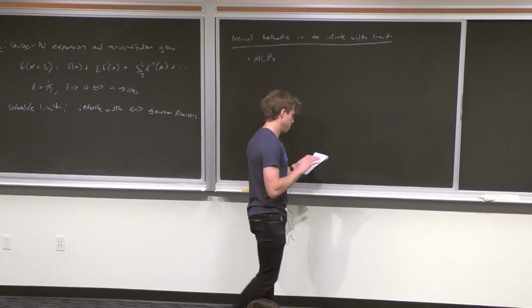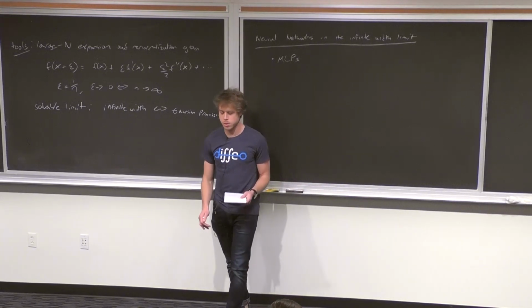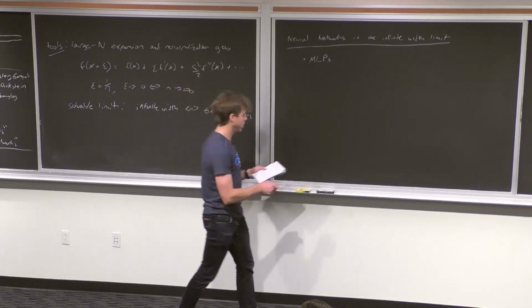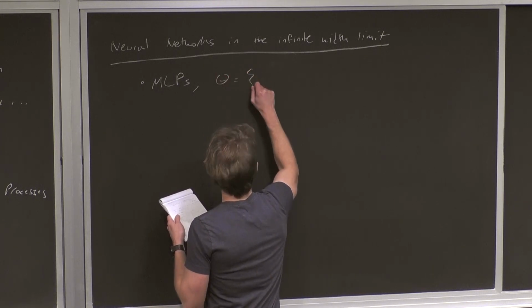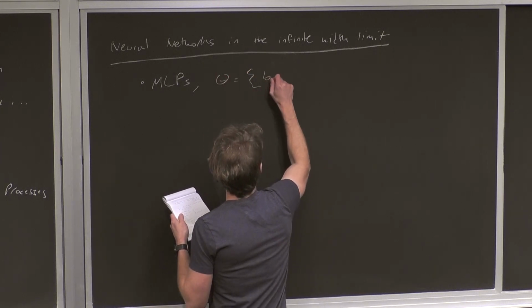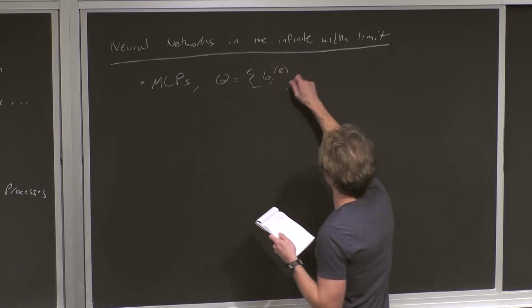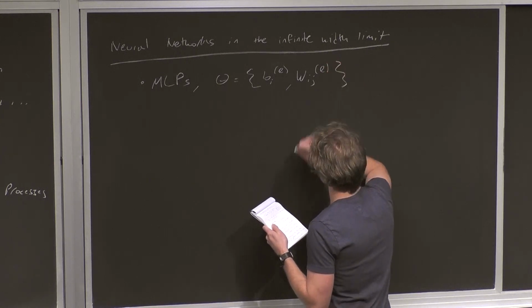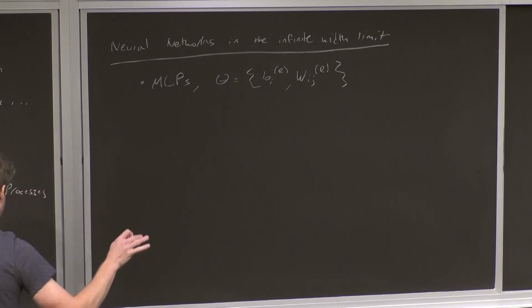So everything I'm going to say can be extended to more interesting architectures, but sort of the crux of the interesting behavior occurs for MLPs. And the parameters I'm going to represent as biases at layer L. So this is the ith bias at layer L, and then there's weights also at layer L, and L will go from 1 to capital L.